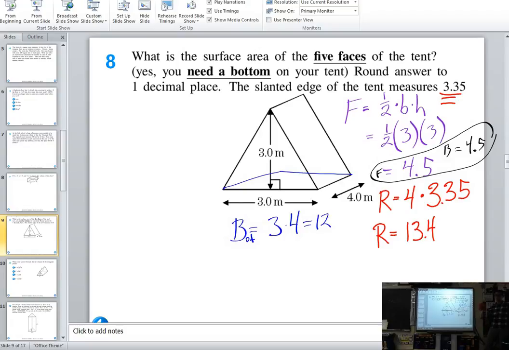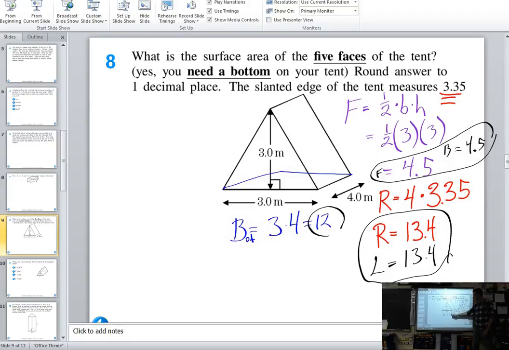What else did you say? The side. So if the right was 13.4, then the left is 13.4, unless your tent was made wrong, and then you still have your bottom. When you add all of those up, the total area that the tent uses for fabric, I believe it's 47.8.